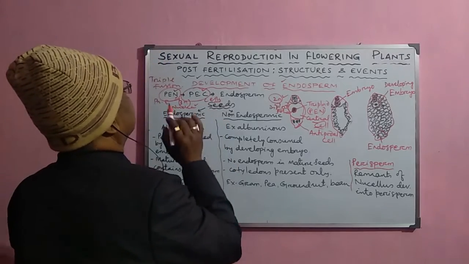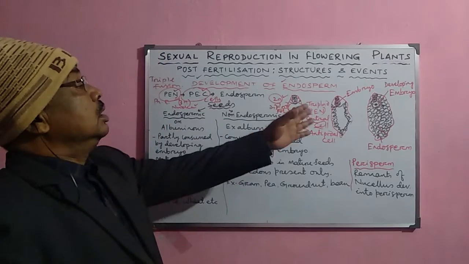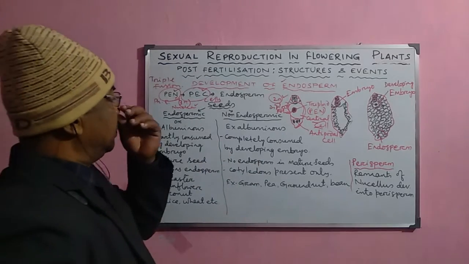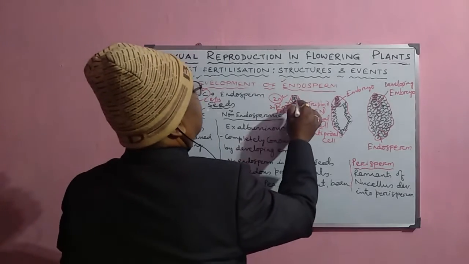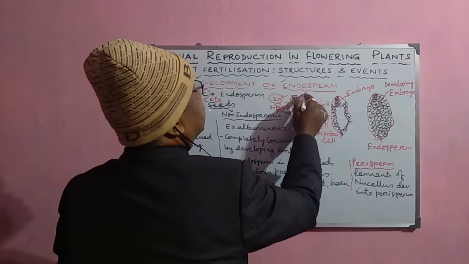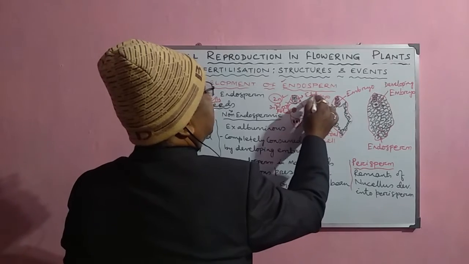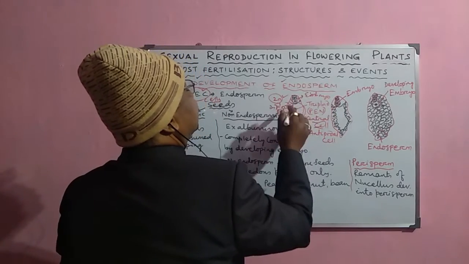Now these cells divide and redivide to increase their number side by side. This is the developing embryo, which develops from the zygote.